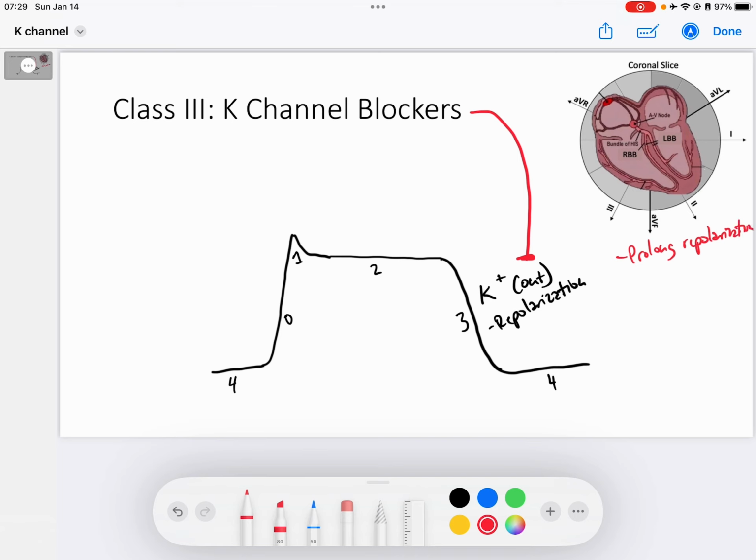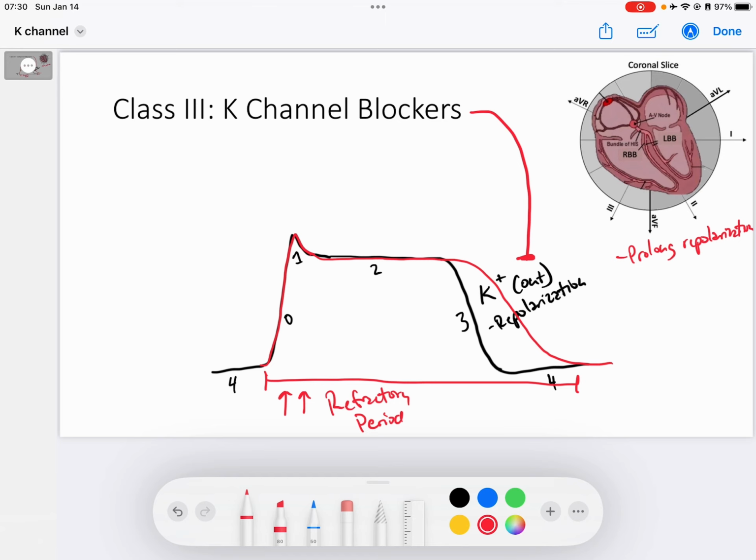And so prolonging repolarization is going to create an action potential that is longer in duration. It's going to have its normal upstroke, but it's going to take longer to return back to its baseline. And so we are effectively increasing our refractory period by administering these potassium channel blockers.